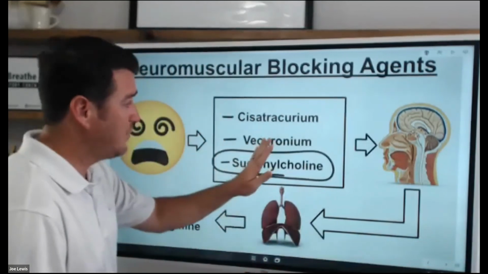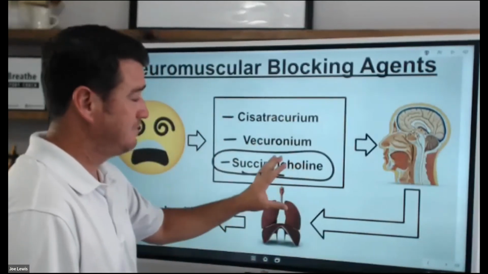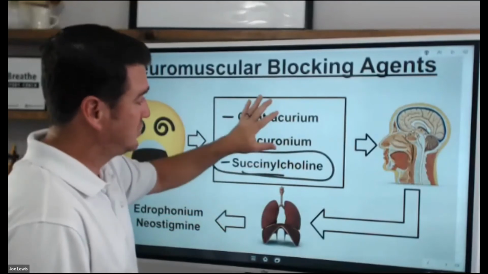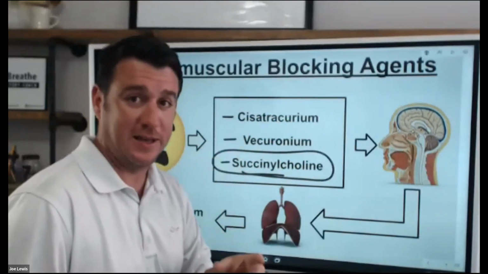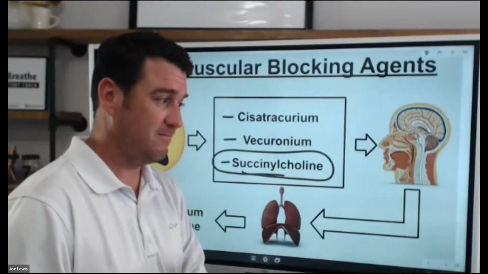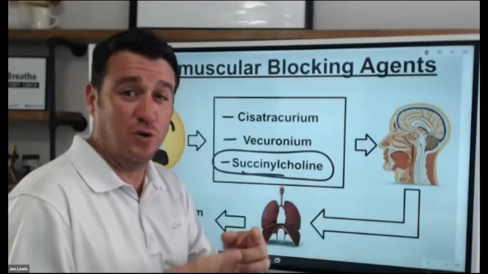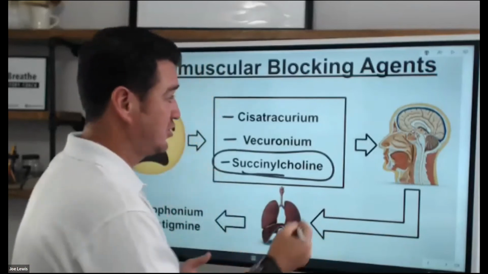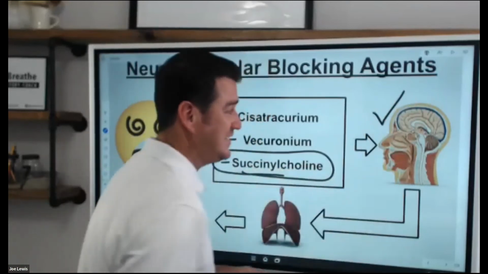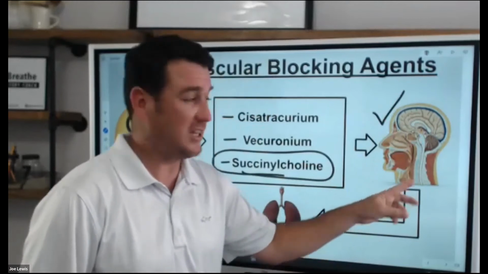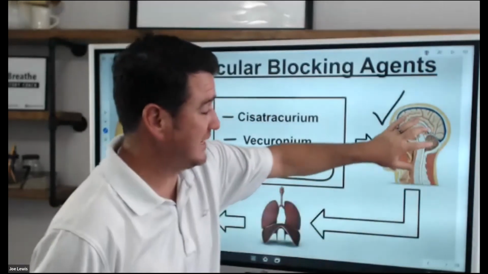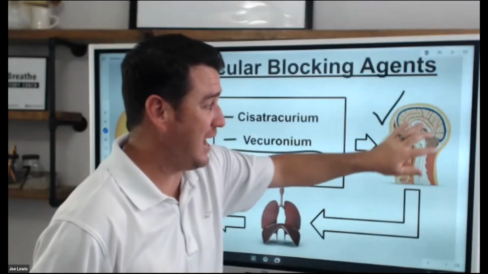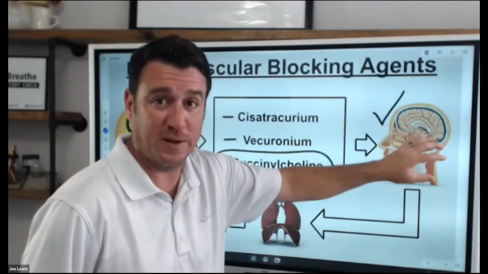Now, what I really want to point out about these drugs is that while they paralyze skeletal muscle, they do nothing to eliminate or reduce the neural drive. So all of this stays intact. You see, this is all neural signaling. So this is not based off of skeletal muscle movement.